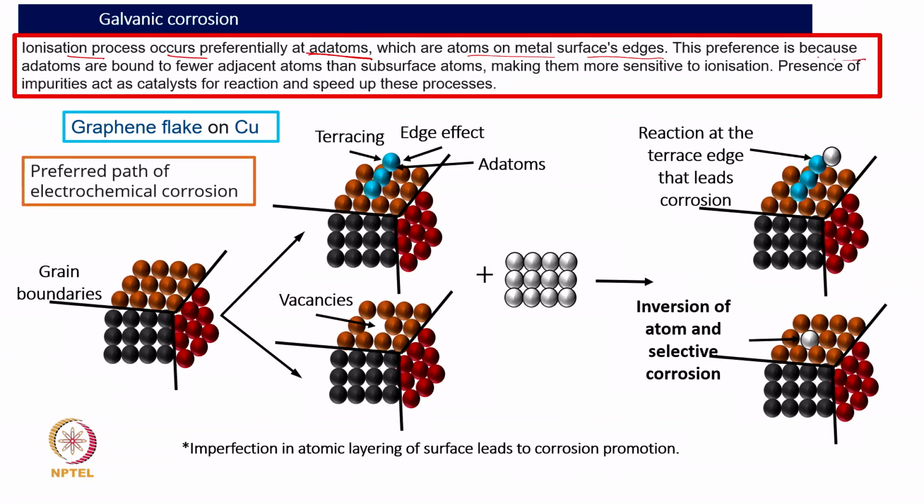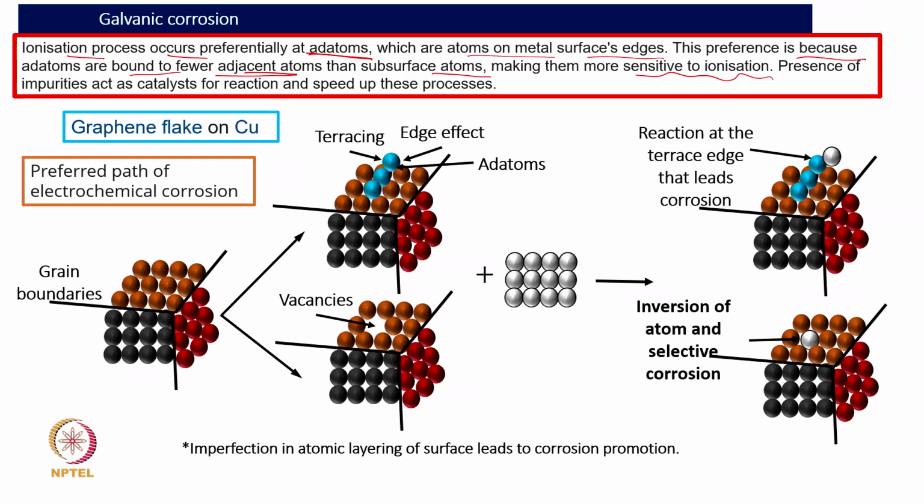This preference is because these atoms have fewer adjacent atoms, or lesser bonds with the subsurface atoms, making them more sensitive to ionization. So, what I mentioned here is that ionization happens only on atoms which are exposed, which have lesser binding with the other atoms.